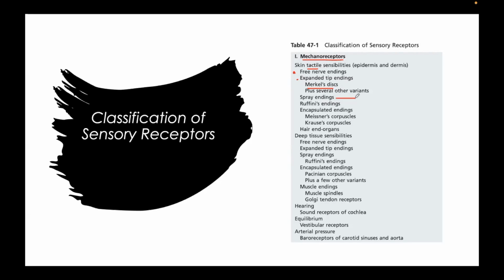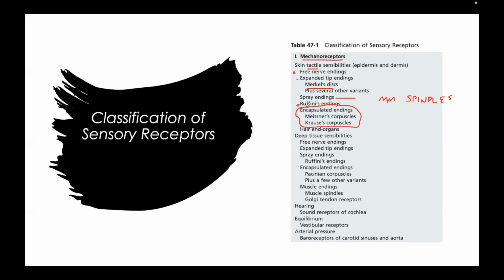Would anyone happen to remember where you encounter the spray endings? So the spray endings are usually seen in the muscle spindles, which we have a separate lecture on in the near future. Now, other mechanoreceptors are the Ruffinis. Then we have the two receptors which are encapsulated.